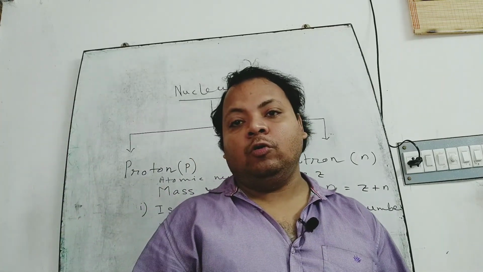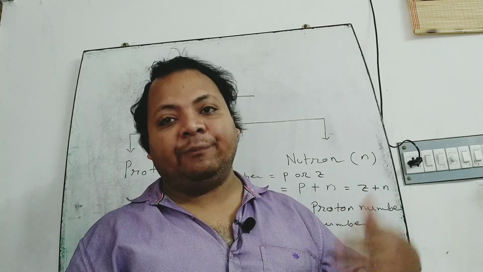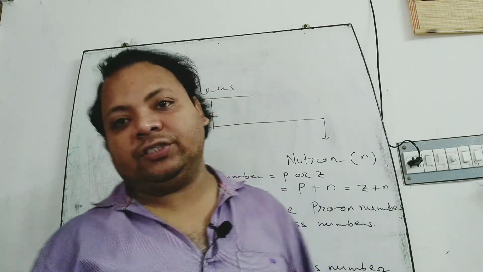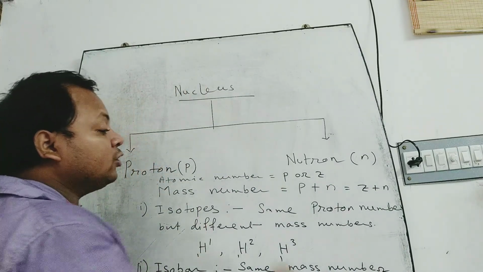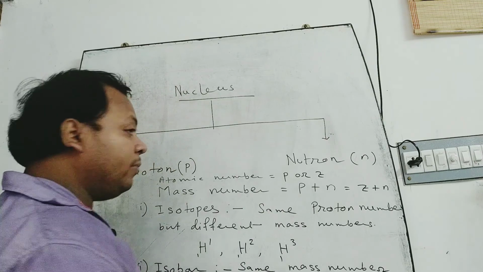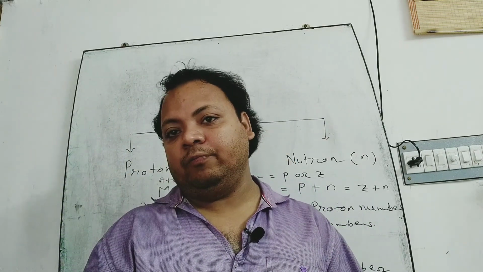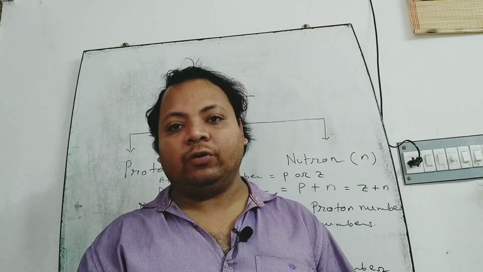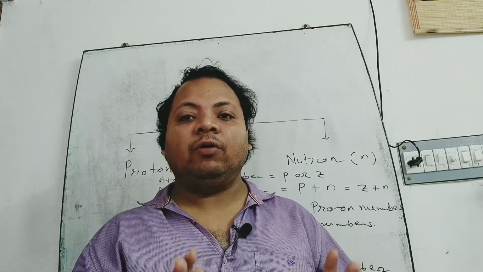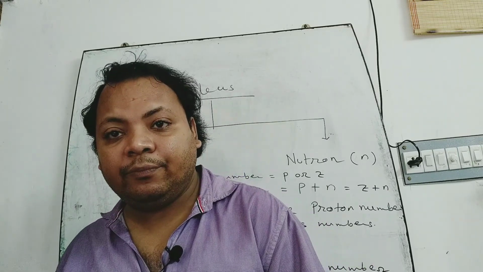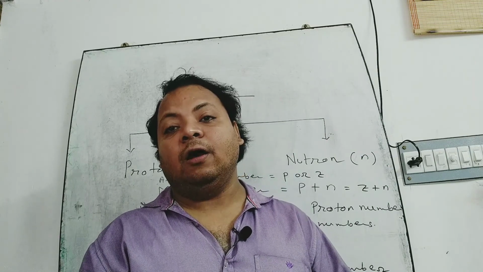Now we can distinguish atoms into three categories. Isotopes. Some atoms have the same proton number, that is, their chemical properties are the same, but their mass numbers may be different.